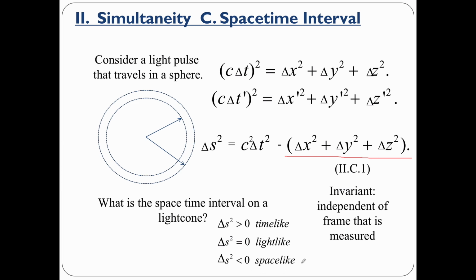If delta s squared is less than 0, the distance is bigger, and we call that space-like. And if delta s squared is equal to 0, we call that light-like. In other words, that's the interval between two events in which light is traveling between event 1 and event 2.